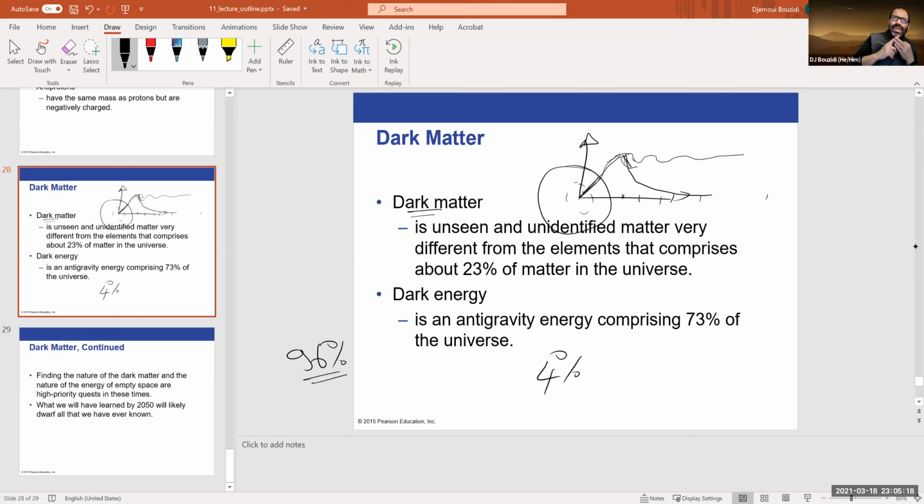It's made up of a matter that has mass for sure. Otherwise, this behavior would not be noticed due to gravity. So how did we know that? Gravity. It has mass because it does gravity. In fact, it impacts the motion of the stars around the center of the galaxy.